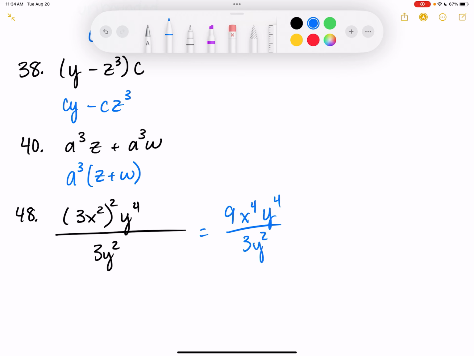Divide it by 3y squared. You subtract the exponents.